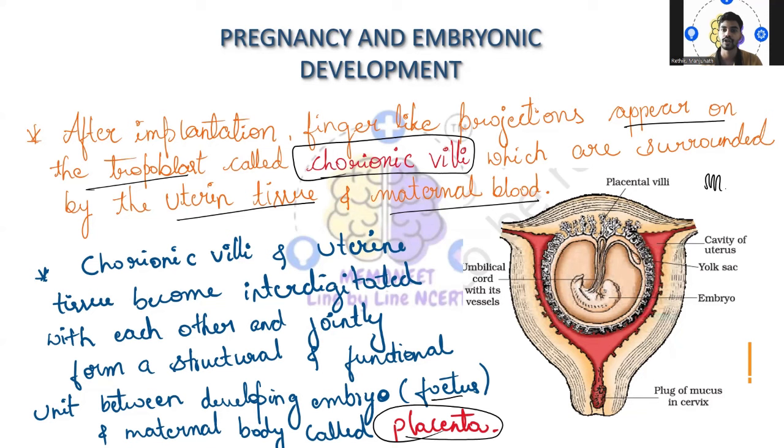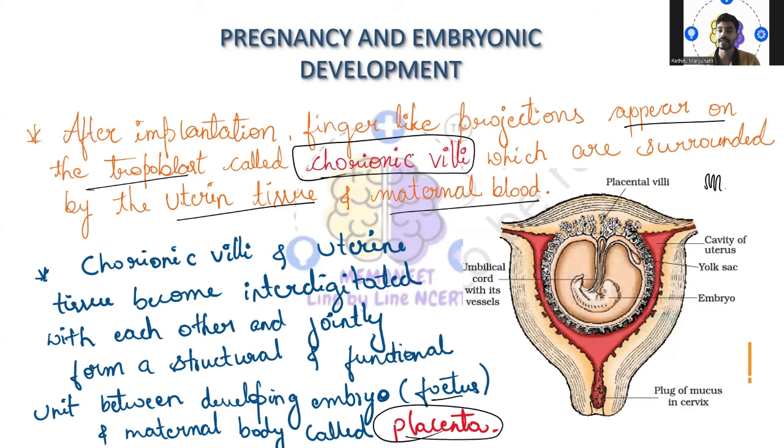Why the placenta? Because it acts as a joint canal or a bridge between the fetus and the mother, the embryo as well as the mother. So we need to understand this: the chorionic villi and the uterine tissue both become integrated with each other, coordinate, and jointly form a structural and functional unit between the developing embryo, that is the fetus, and the maternal body, which is the mother.